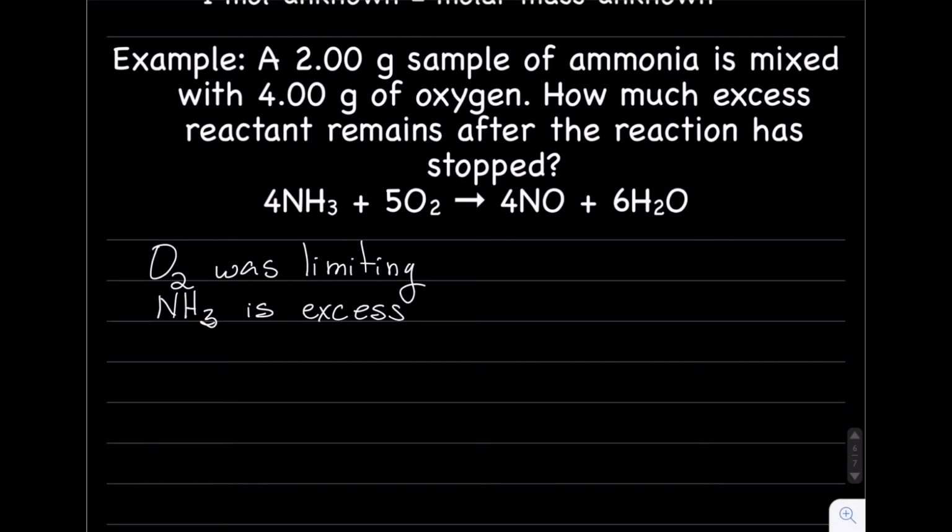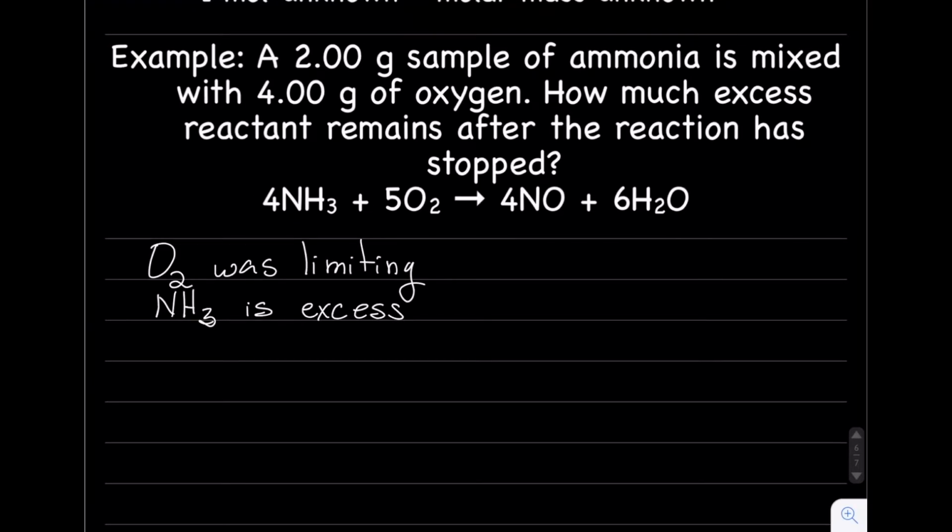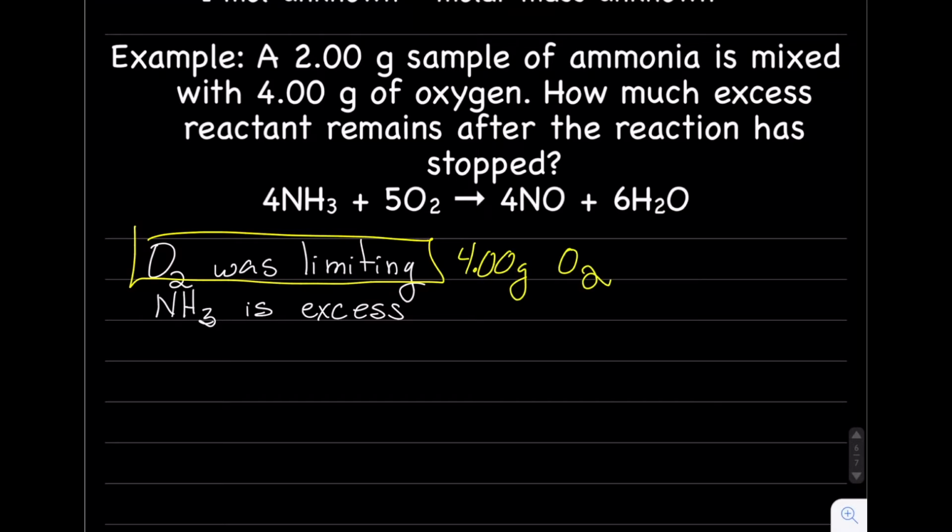Yep, sorry. All right, so that means that we're going to use O2 as our known. Okay, so our 4 grams oxygen is our known, and our unknown is going to be our ammonia.